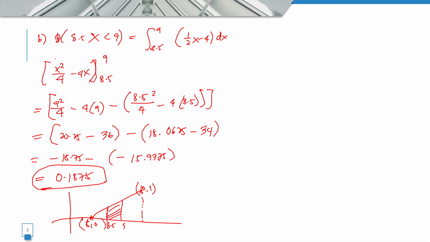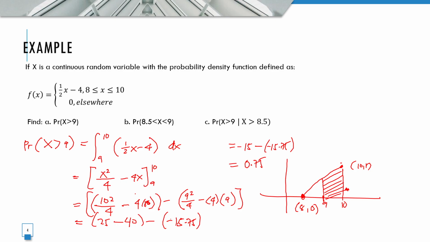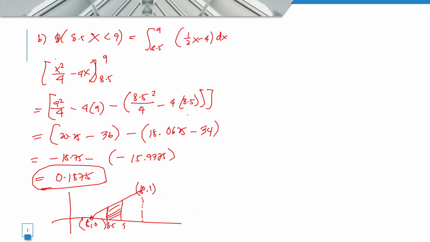Next we have here letter C, the probability of x greater than 9 given that x is greater than 8.5. So this is conditional probability. In conditional probability for letter C, the probability that x is greater than 9, given that x is greater than 8.5.